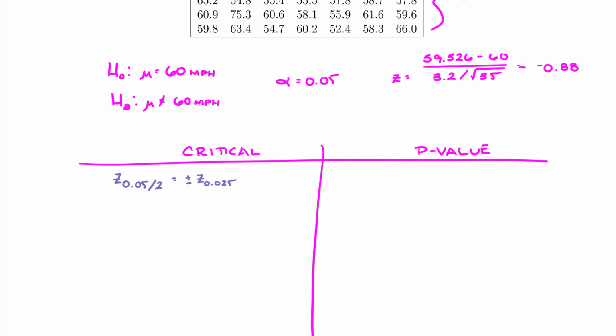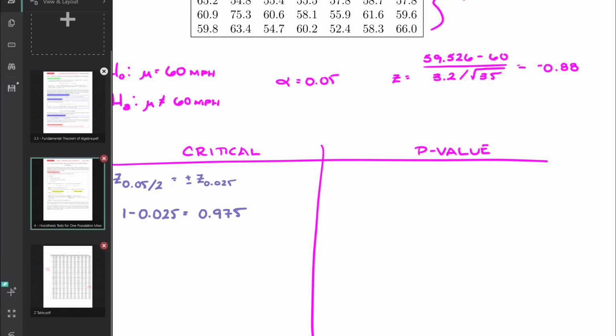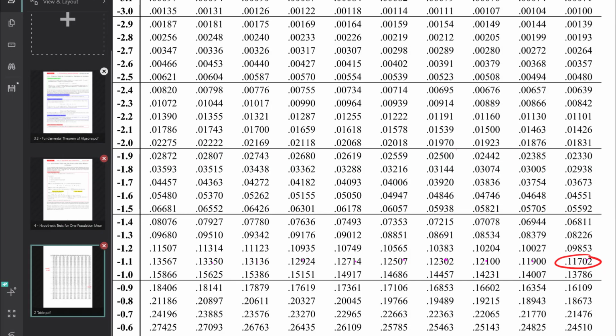So when we go look at the table, we're trying to find the z-score that has an area to its right of 0.025. So that would be the same as 1 minus 0.025, which is going to be 0.975. So we're going to look for the area of 0.975 in our z-table.